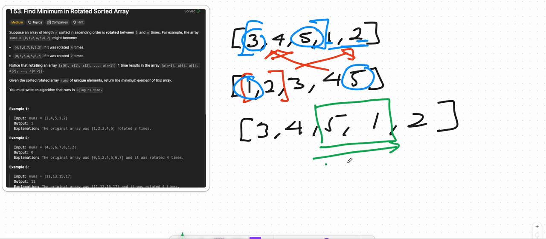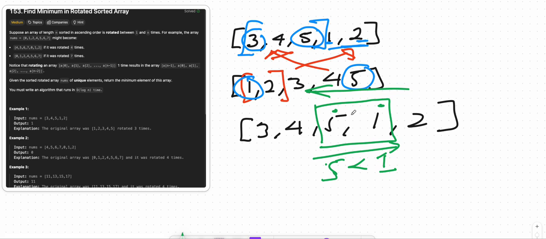So we call that number 5. This is the only time the first number is switching to a smaller one. Before this point, the numbers are sorted, but after it the order breaks.